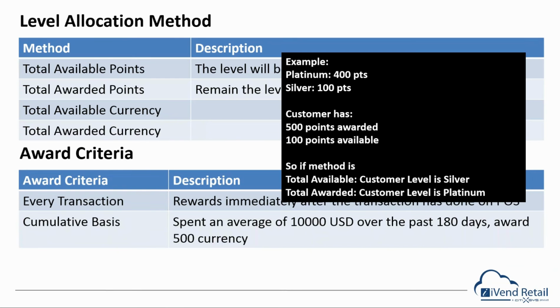Now, I can understand there might be some confusion, because I certainly know that in some areas they would normally use the total available points, not the total awarded. But total awarded is used in places such as airlines, where they will look at the total number of, for instance, air miles that the passenger has traveled, and award them points over a period of time.